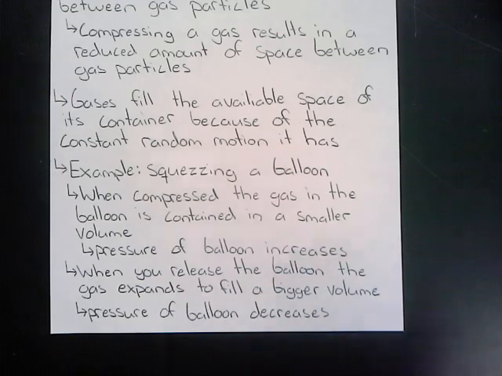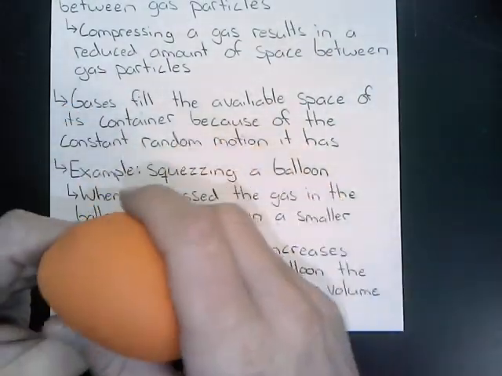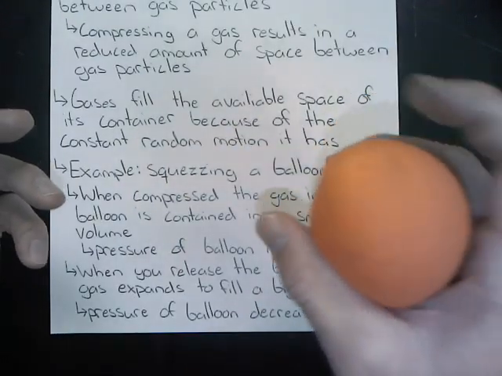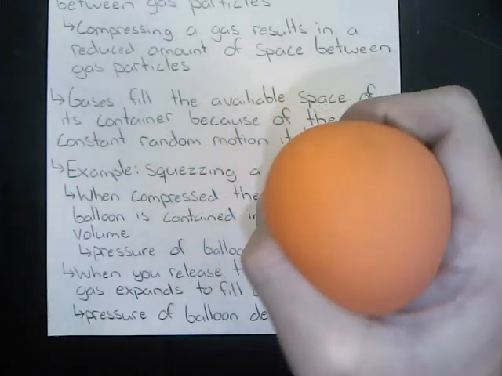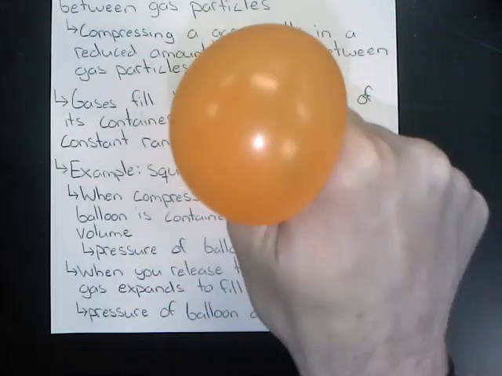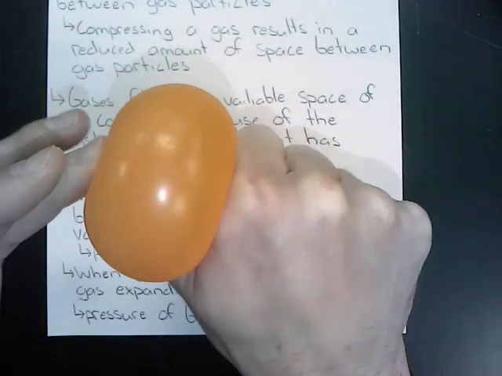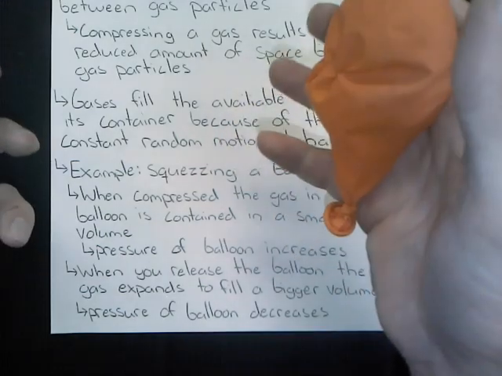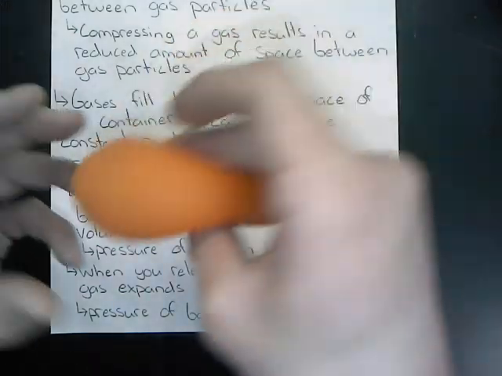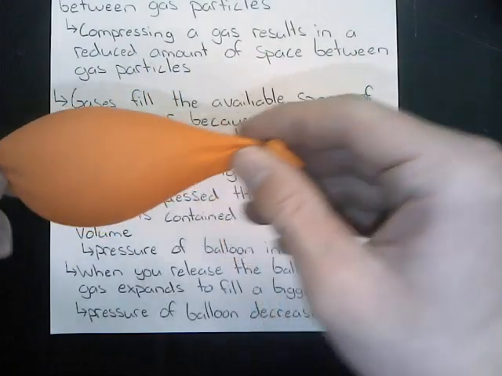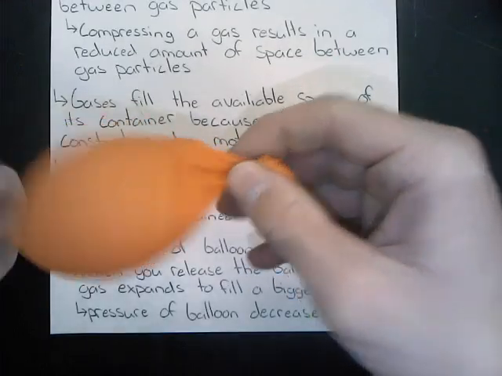And again, all of this can happen because of the basic properties of a gas. The gas particles are really far apart. They have empty space, so that allows us to squeeze them closer together as we compress a certain volume. And then as we release that pressure, the gas is allowed to expand into more volume, and thus you reduce that pressure.